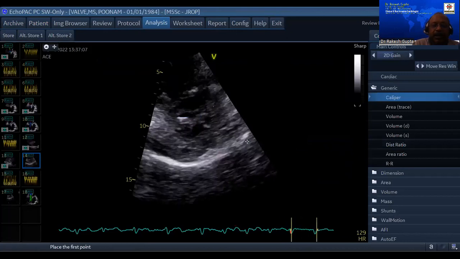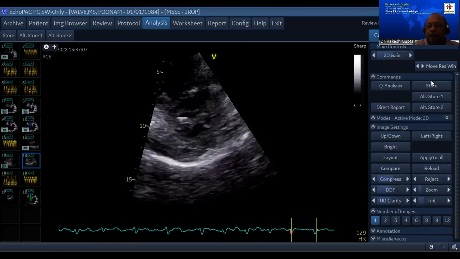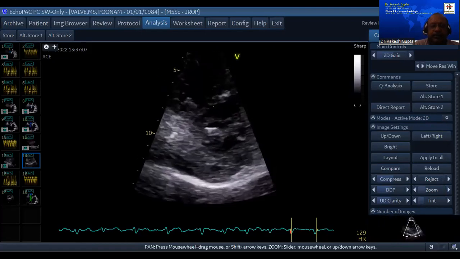All right. Can you see this thing? I'll just zoom it for you. Can you see these commissures over here, the lateral one and the medial one? Yes, sir, they are not thickened. Okay.